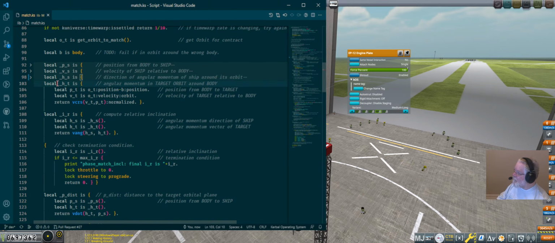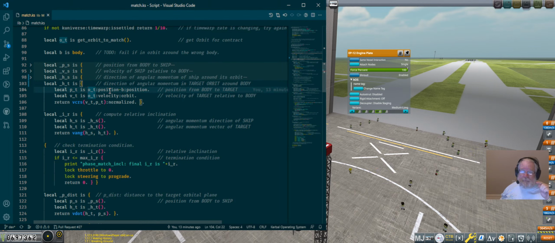So now we need the same vector, the direction of angular momentum vector in the target orbit. Well, its position, it's only used here, so we're going to put it inline. So when we want to compute this, we get the position vector, which is the position on orbit, and this is actually a position relative to the ship raw coordinates frame.